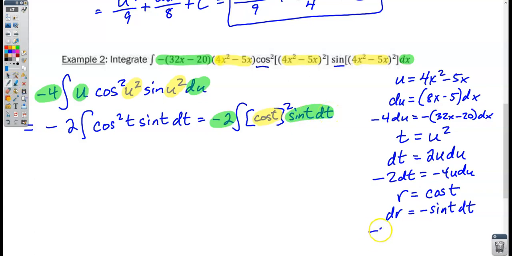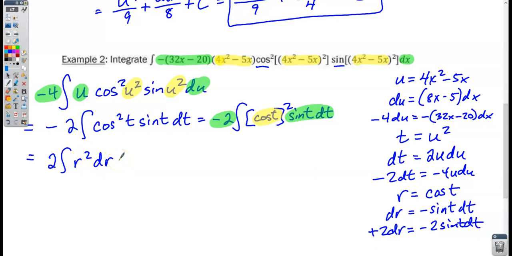So that means I can just replace that with a negative 2 dr, or pardon me, a positive 2 dr. It's going to be negative 2 sine of t dt. And so this is going to be equal to 2 times the integral of r squared dr.